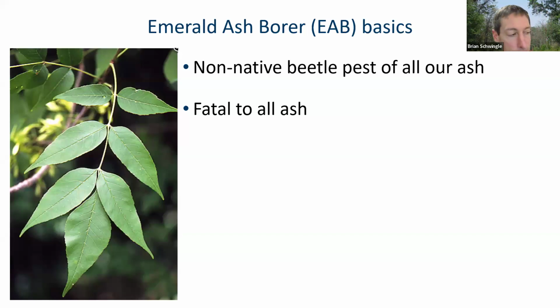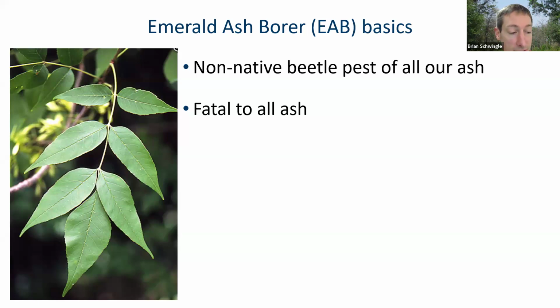Emerald ash borer. So Dutch elm disease and oak wilt, they share a lot of similar characteristics, and those characteristics are easy to confuse. Emerald ash borer is a different ball game. It is a non-native beetle that attacks our ash trees, and it's fatal to all of our ash trees.